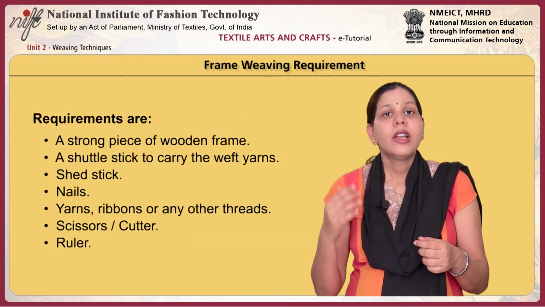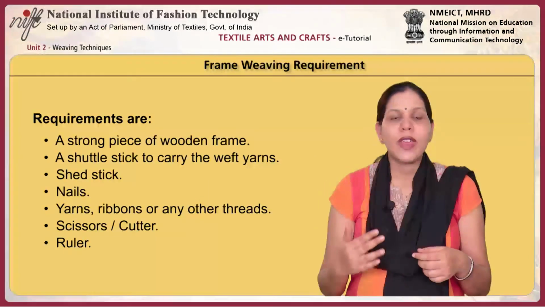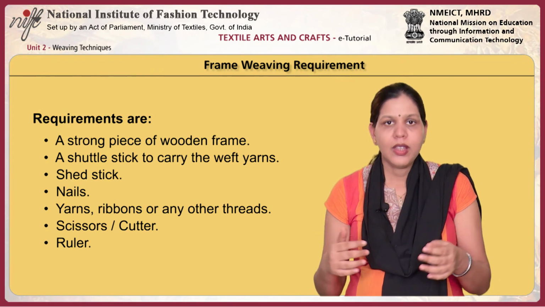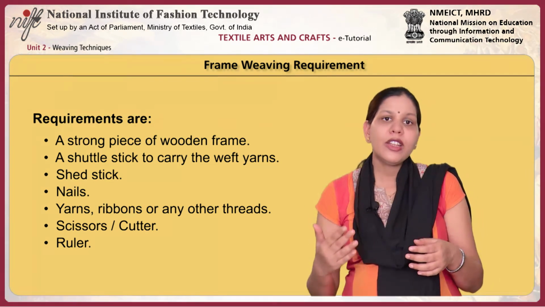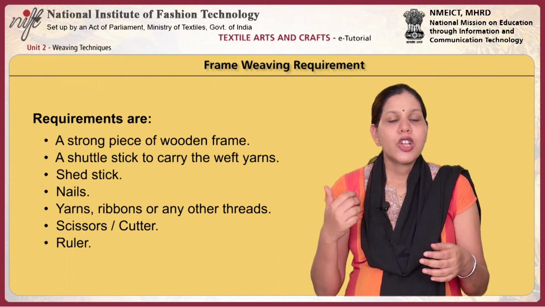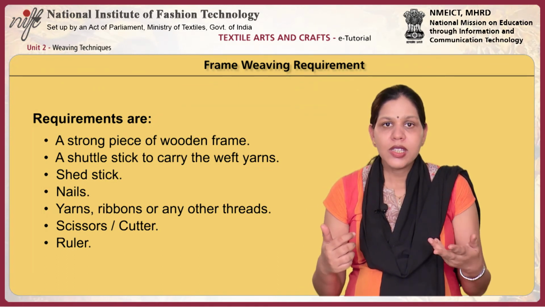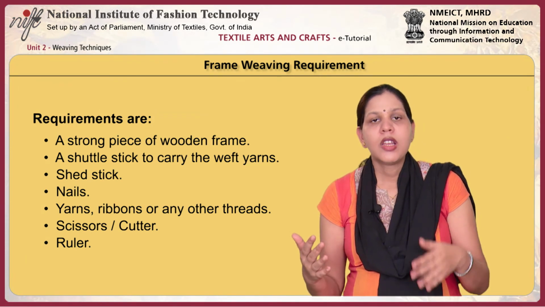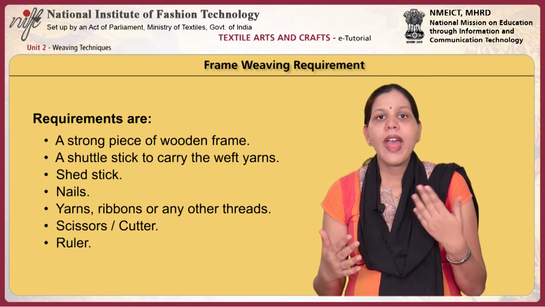However, the length and width of the woven fabric is dependent upon the size of the frame. The requirements for frame weaving are a strong wooden frame, a shuttle stick to carry the weft yarns, a shed stick, nails, yarns, ribbons or any other threads, scissors or cutter, and a ruler.